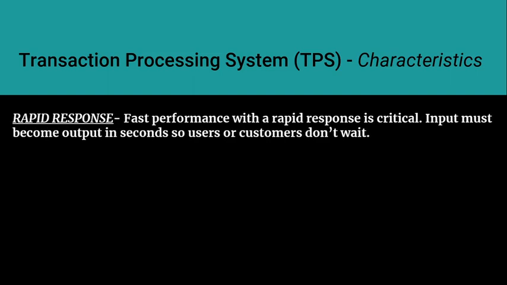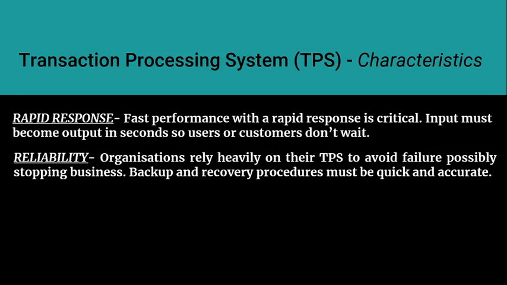Let us see the features or characteristics of the transaction processing system. First, rapid response. Fast performance with a rapid response is very critical. Input must become output within a fraction of a second so that the users or the customers don't have to wait for the output. Next, reliability.